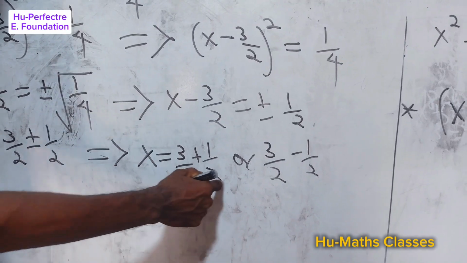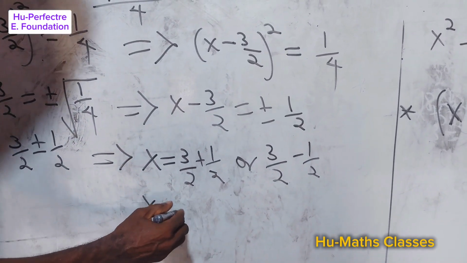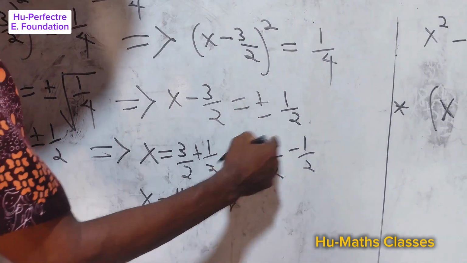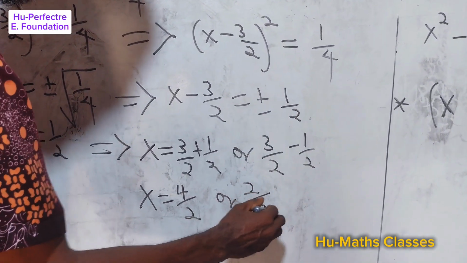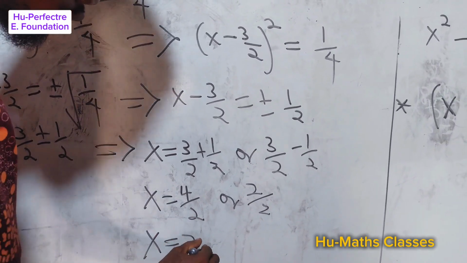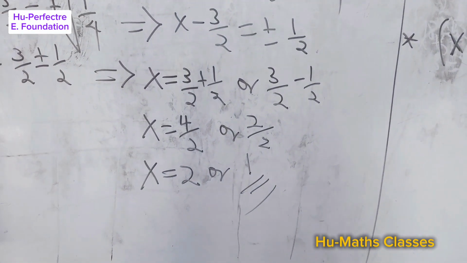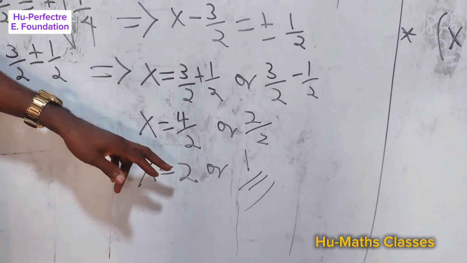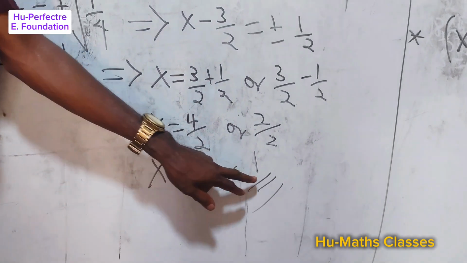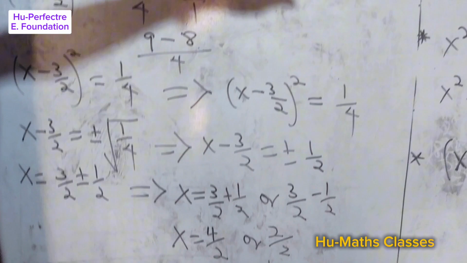They have the same denominators, so we work on the numerators alone. That will be x is equal to 4 over 2, or 3 minus 1 is 2 over 2. And our final result will be 2 in 4 is 2, or 1. So the final result for x is 2 or 1. If x is not 2, x is 1. So these are the two values of x after solving our problem.